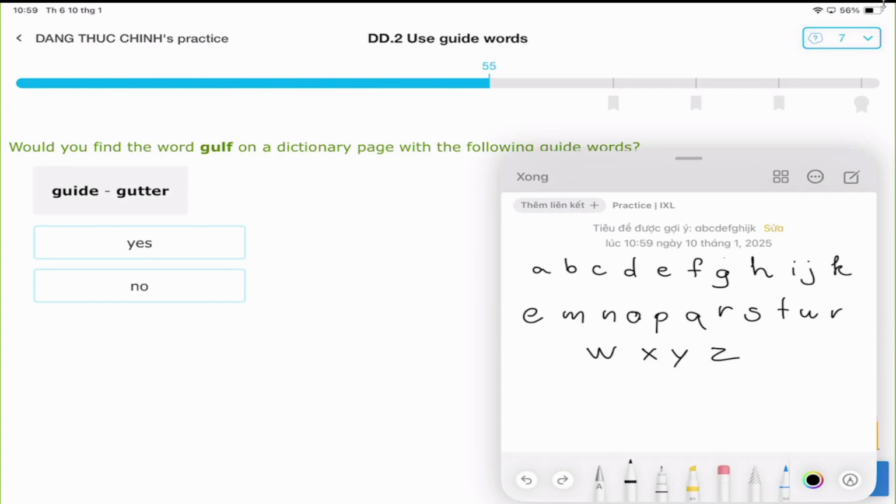Golf, but L came after T. You do not belong between I and T. So I'm thinking that we would not find the word golf on a dictionary page between guide and gutter. So no.